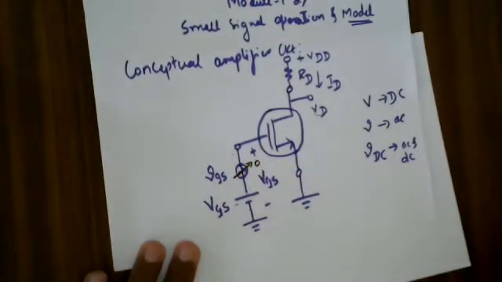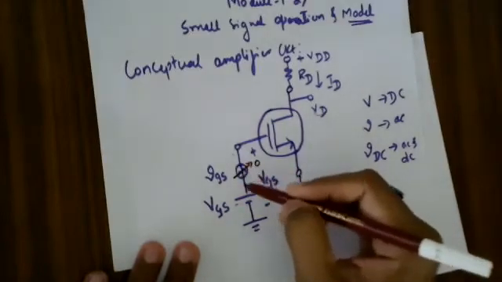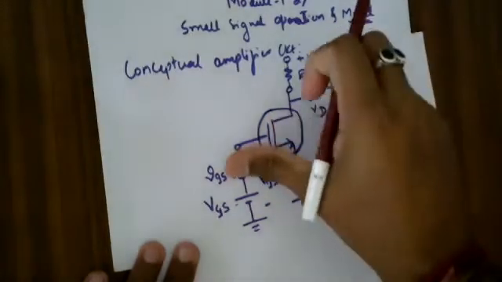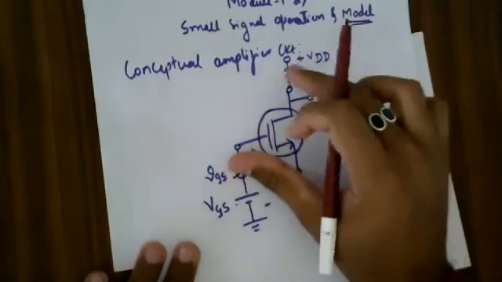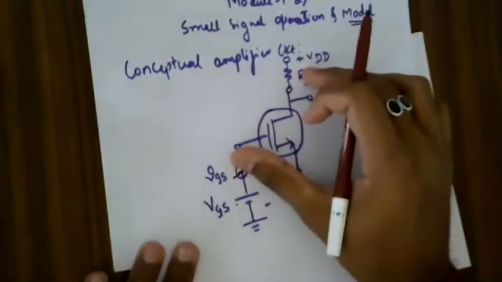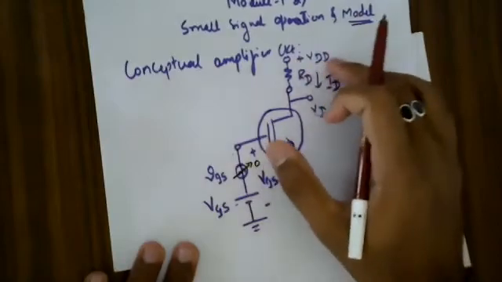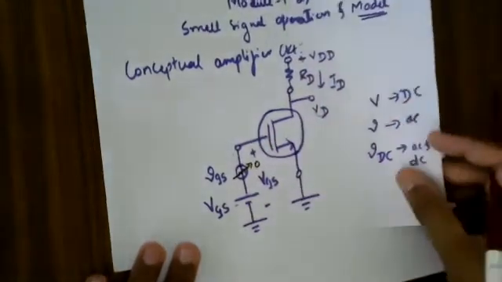I'm not going to consider this AC signal. So I'm going to have only my DC source and DC biasing voltage. Both this VGS and VDD represent my DC biasing voltage.